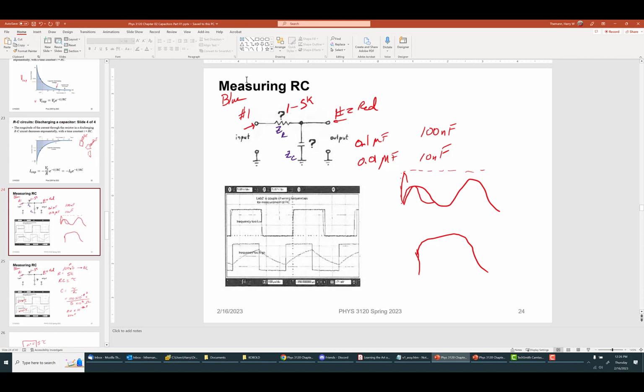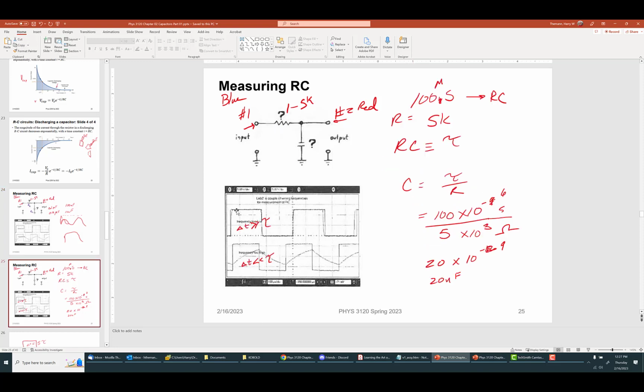In class on Tuesday the 14th, we started looking at this basic RC circuit. The first thing we needed to do was figure out what components we were going to use. Now, this stuff on the lower right is about when I was talking about how, to make a square wave, you need an infinite number of sine waves in a Fourier transform.